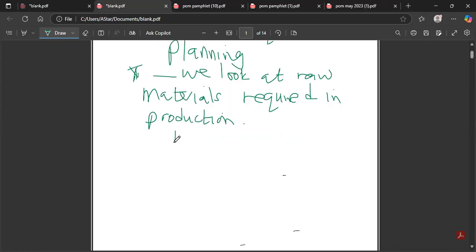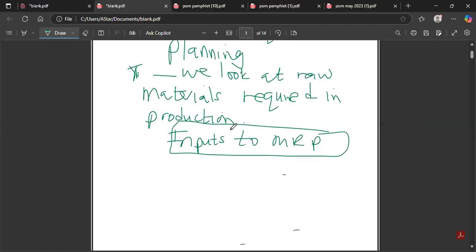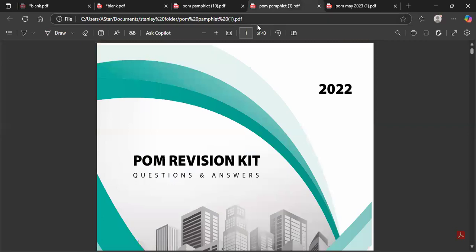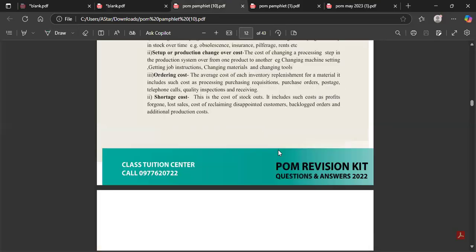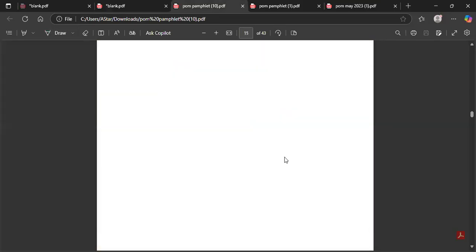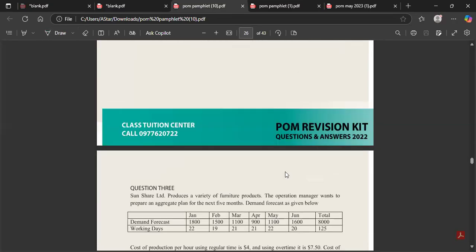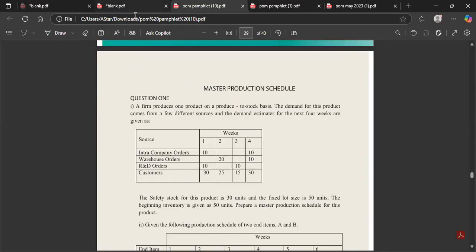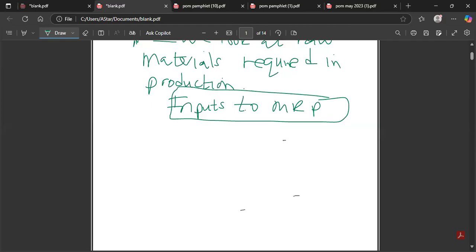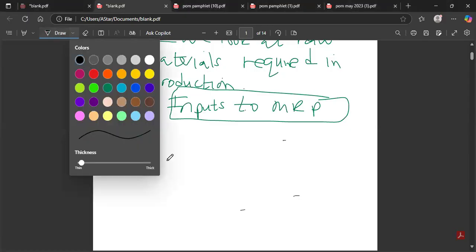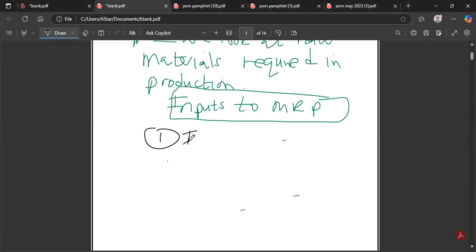So this one, we look at the inputs to MRP. So the inputs to MRP, we have the following. Number one, we have the inventory status file.